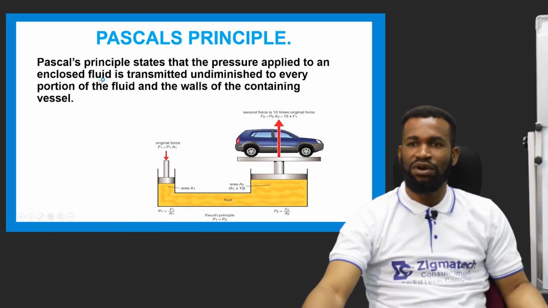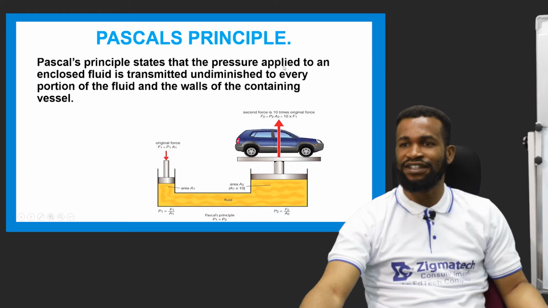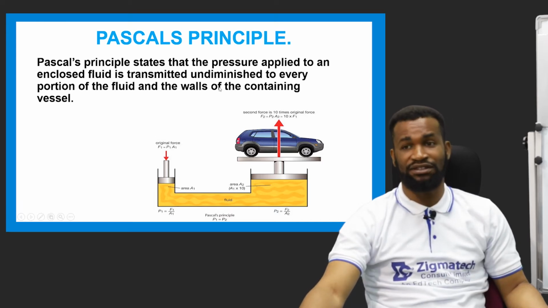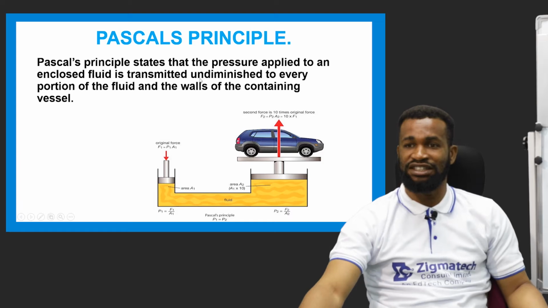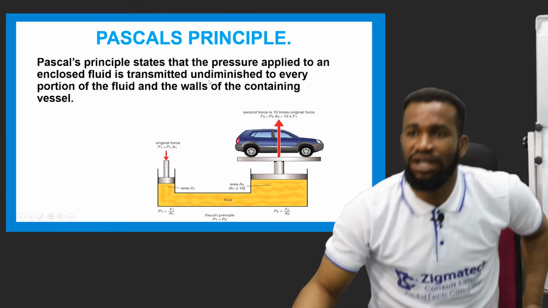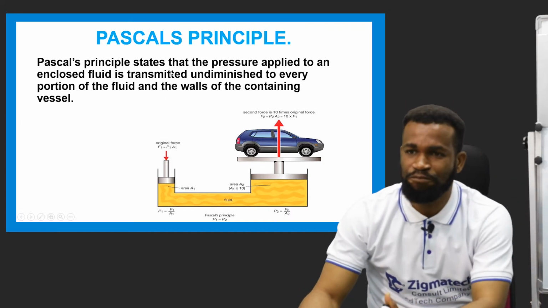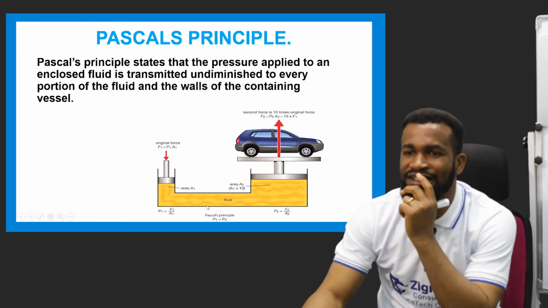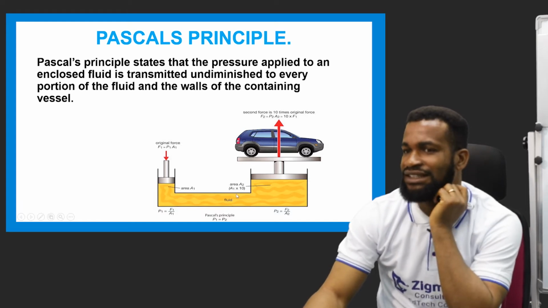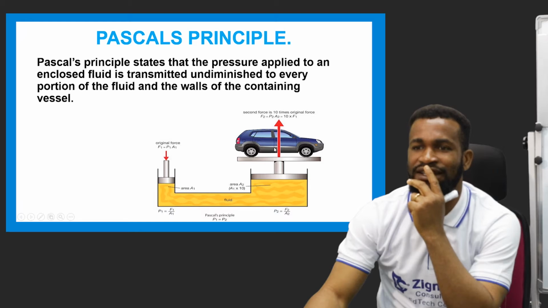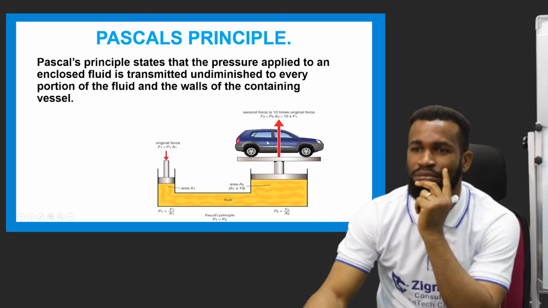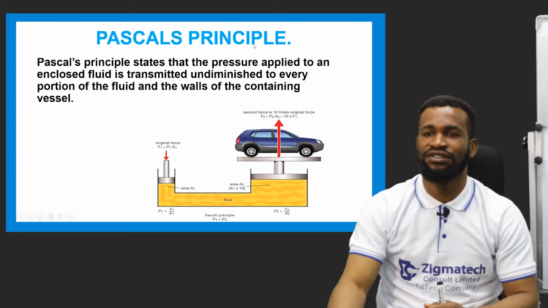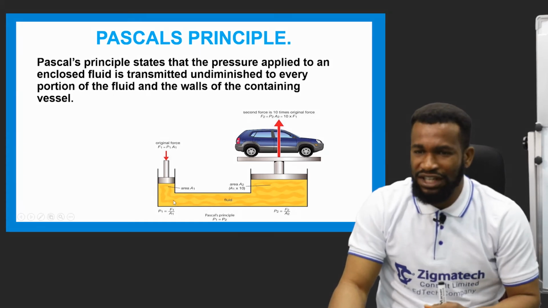Now, according to what Pascal is saying, when this pressure is applied through force, remember that whenever we are talking about pressure, there is an application of force. When force is applied, the liquid in this place does not diminish, and that is why it is able to carry a heavy body like a car and lift it up, because this liquid is pushed down.